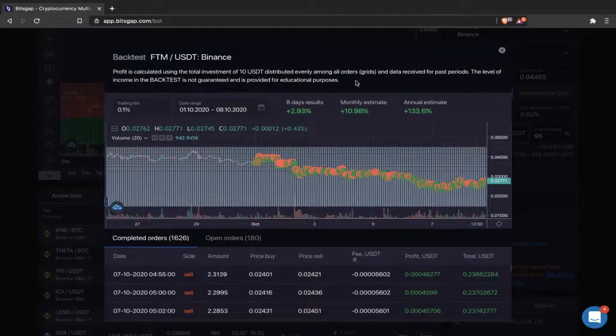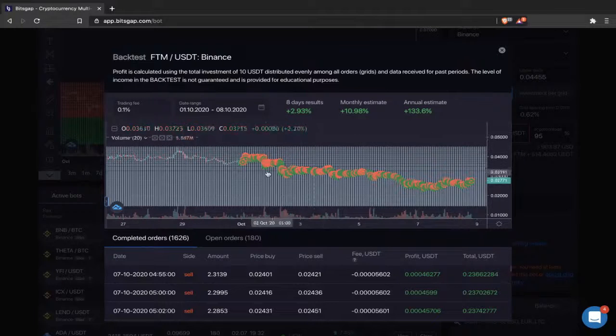And yes, it takes into account the fees, because you see it has clearly the information about the completed orders during this period, and you see fees. So they are already calculated. So in backtesting, the bot profit is already net of all fees. That's your pure profit in this case, which goes straight to your pocket.